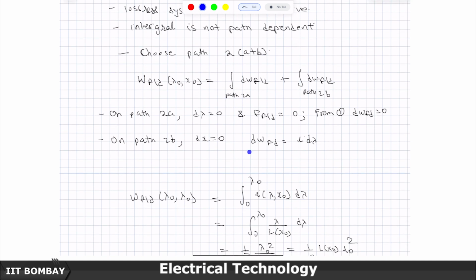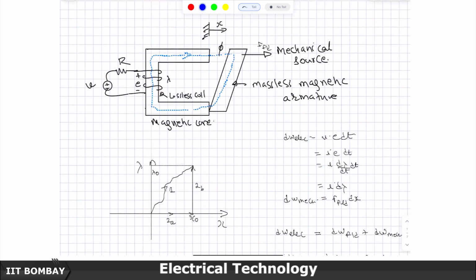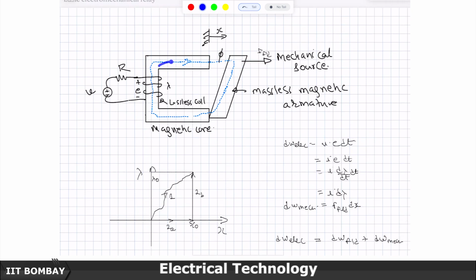Therefore, there is no mechanical work done because the position is held fixed. But to keep the position fixed, as the current is increasing, this is trying to pull this thing back here. That is why we have shown a mechanical source, and we are assuming that it automatically applies an equal and opposing force so that there is no movement.